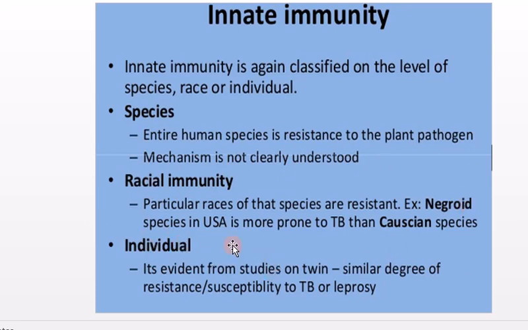In individuals, studying the degree of resistance or susceptibility to TB or leprosy, two individuals born together as twins will have almost equal potential or immunity to resist infection by germs.